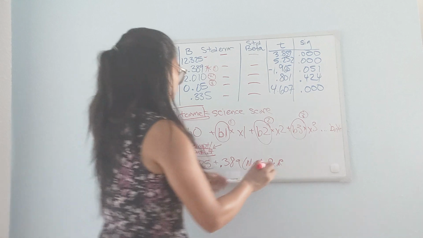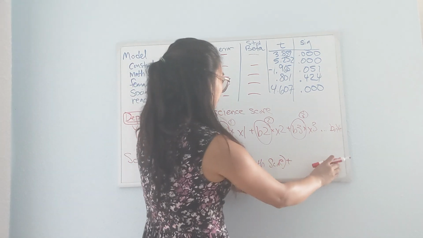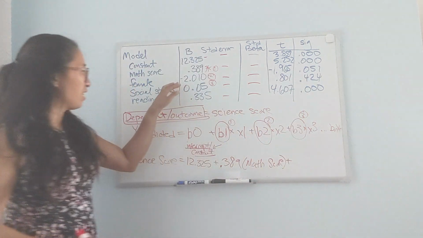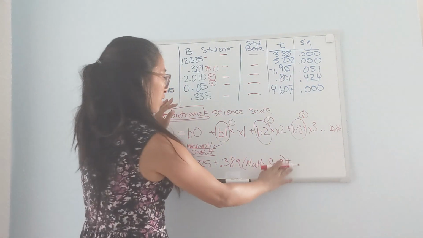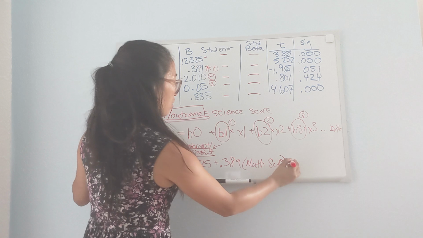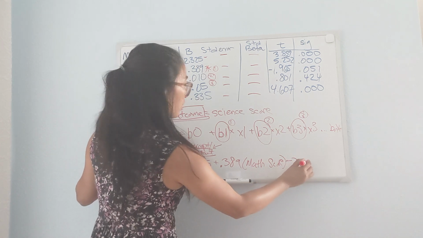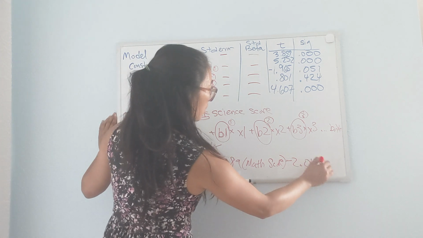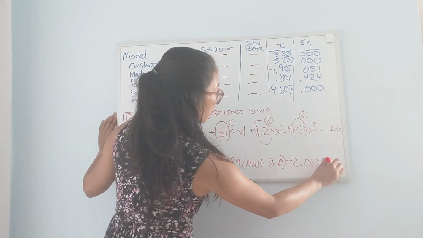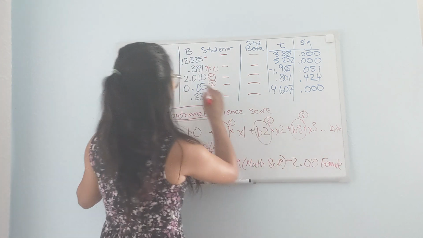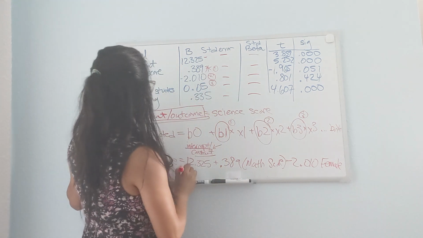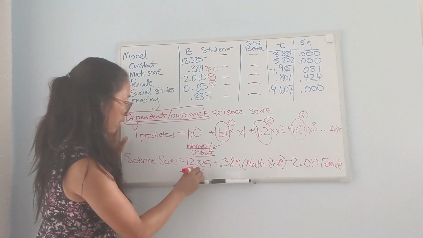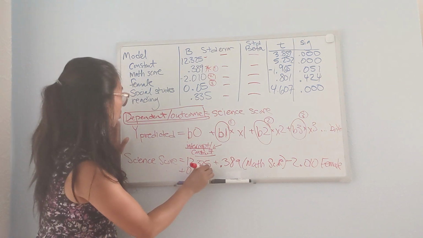I'm going to run out of room. Plus, okay, so it's a negative 2 point, so this would be negative 2.010 times, this is essentially a variable for gender, but they used female, plus 0.05 times social studies.